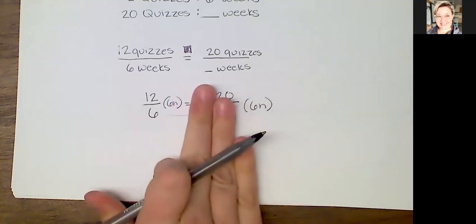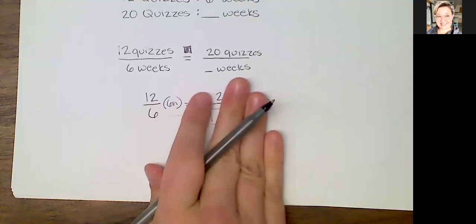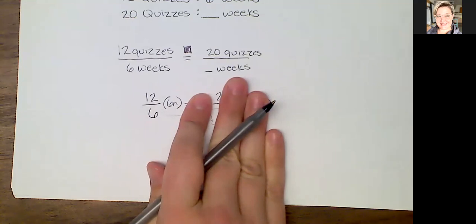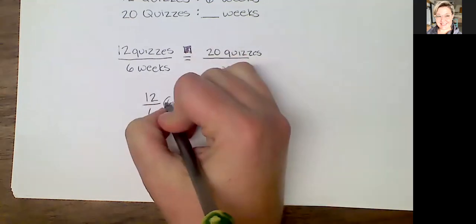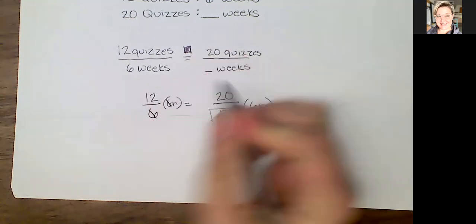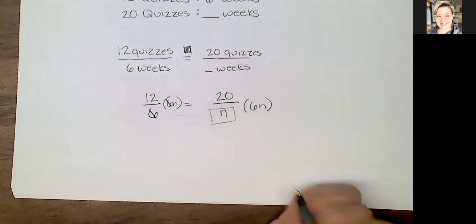If we're only looking at this side here, we're looking at 12 over 6 times 6 times n. In this way, we can cancel out the 2 6s, and we're going to be left with just 12n.